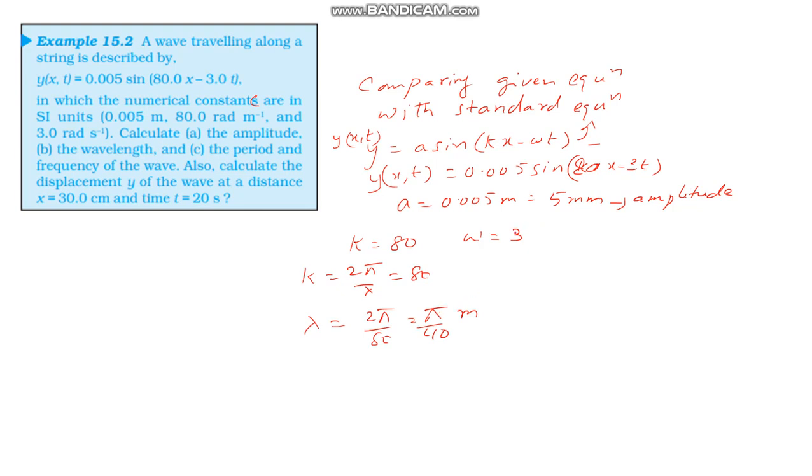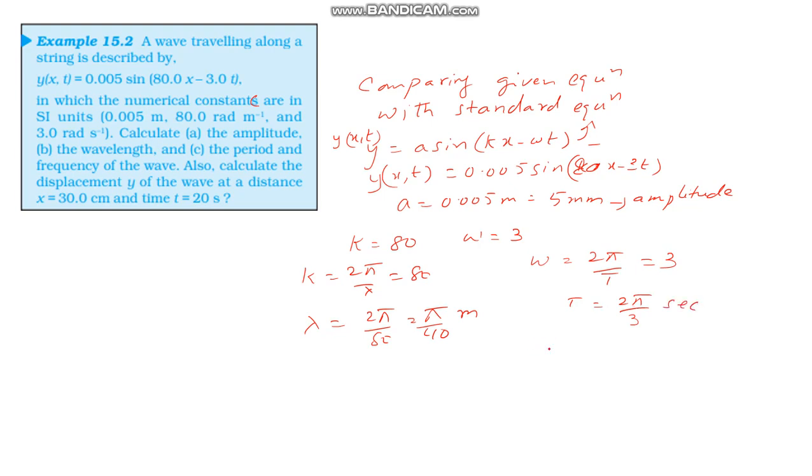Similarly, we are getting omega here as 3. But omega is equal to 2 pi by T. 2 pi by T is equal to 3, so T will be equal to 2 pi by 3 seconds.